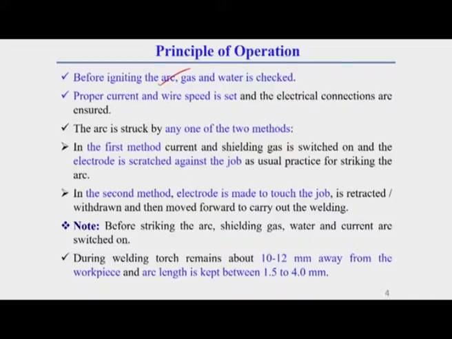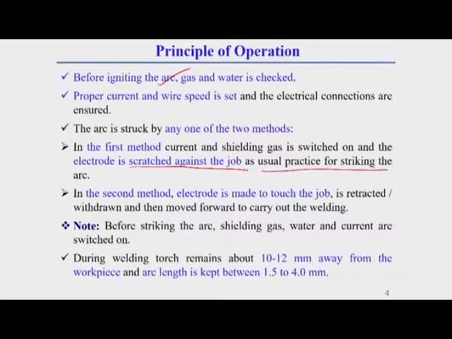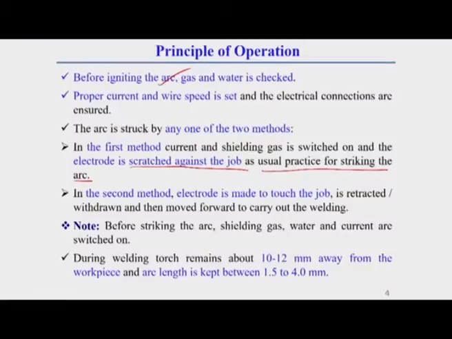Before striking the arc, as I have already told you, we have to switch on both current as well as shielding gas, and the electrode is scratched against the job as the usual practice for striking the arc. Like striking a match, a similar method is used here also. That means by scratching the electrode on the workpiece, the arc is struck. So, this is the first method.